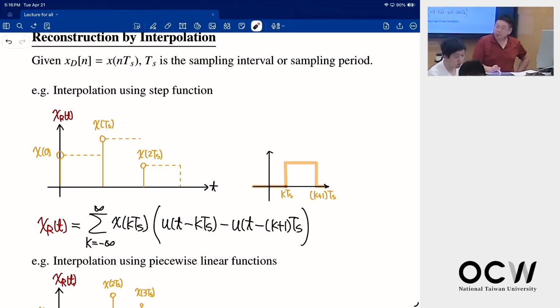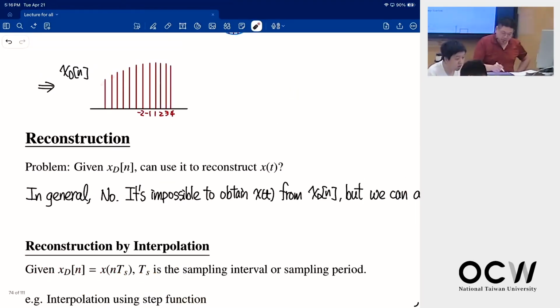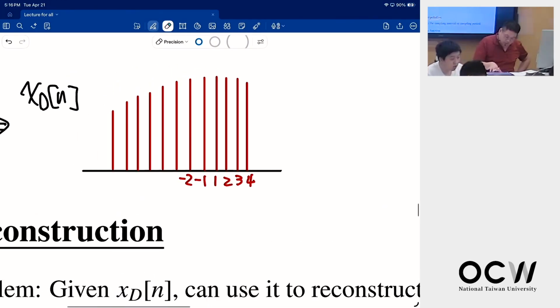The other way you may think, okay, I have these 2 points, like here. How about I just connect linearly.